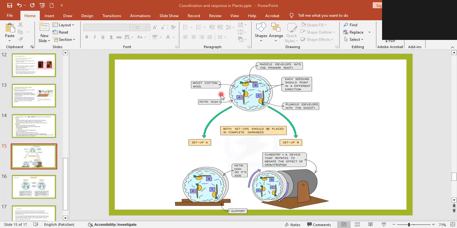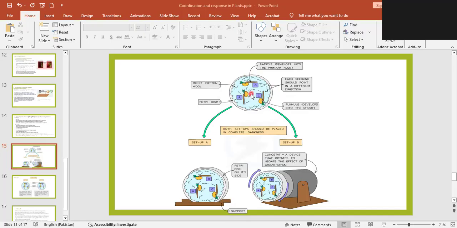Now, rather than repeating it three times, I have taken three seeds, which are of the same species, of course, and the seedlings would have the same rate of growth as well. So when we are comparing the result, we can see the change. Then we have taken a petri dish and put the seeds on it, placed over the cotton wool.